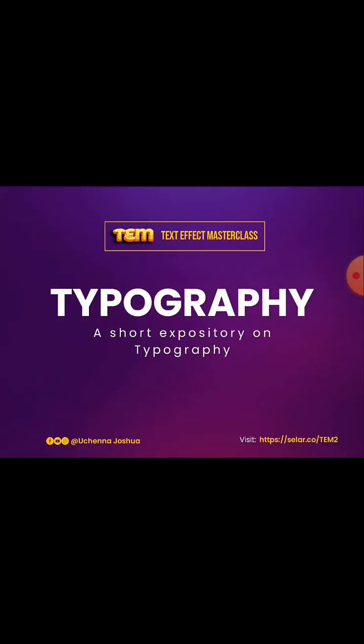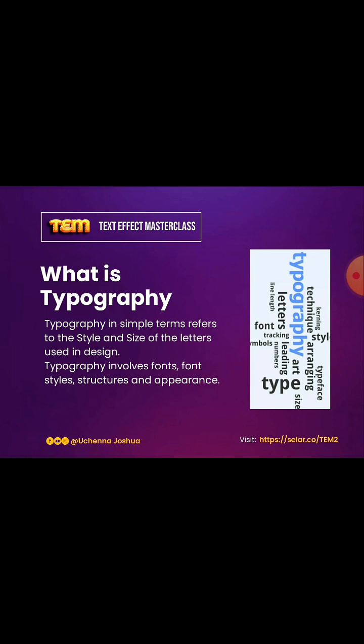Now let's go over to typography. Typography, in simple terms, refers to the style and the size of the letters used in design. Typography involves font, styles, structures, and appearance.